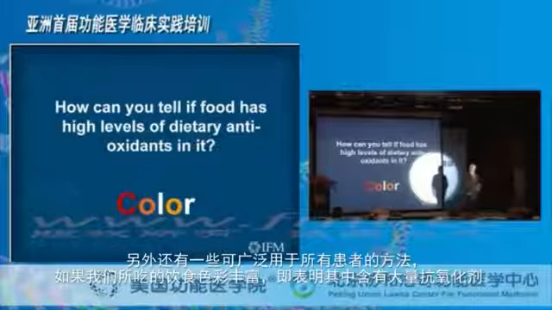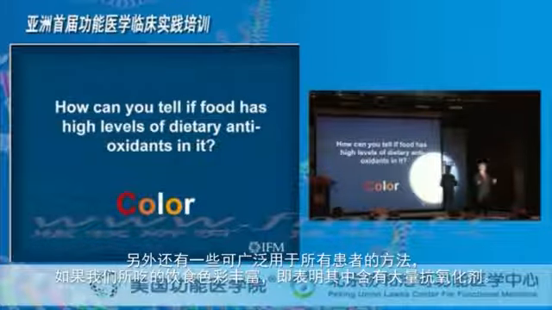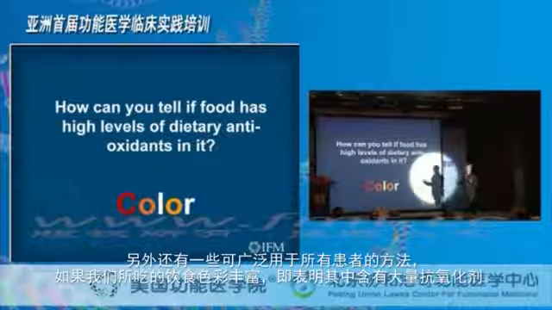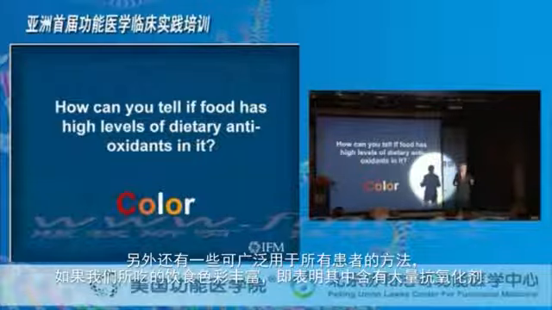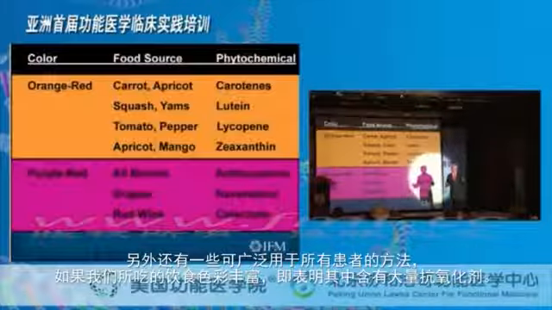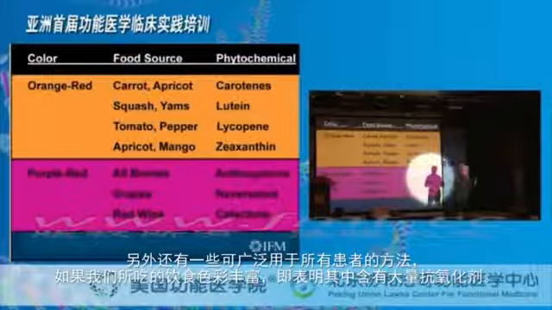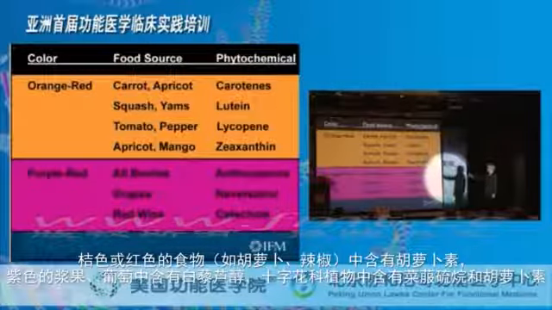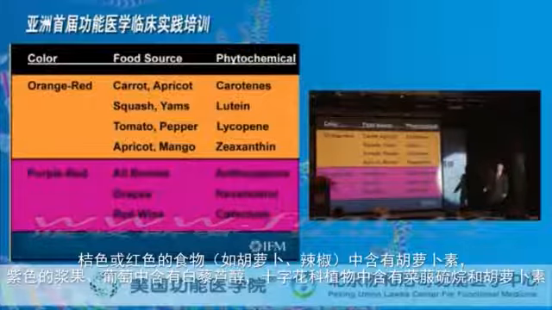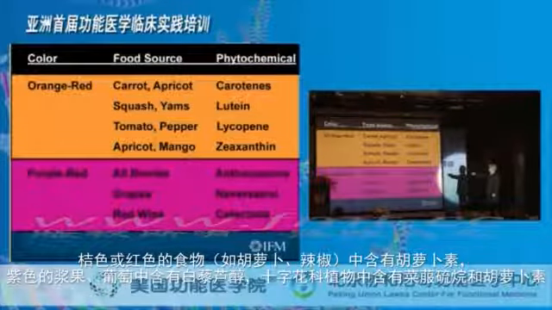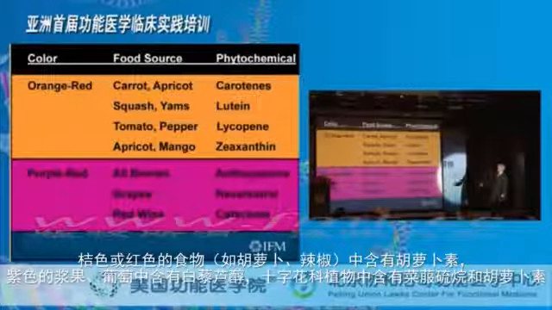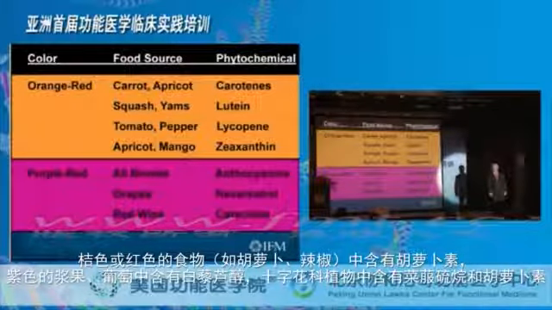And then there are generalized approaches that work for everyone, and that is, if you have a diet that is rich in color, the color has so many different kinds of antioxidants. So foods that are orange and red, like carrots and peppers and yams, these have carotenoids, lycopene, lutein.